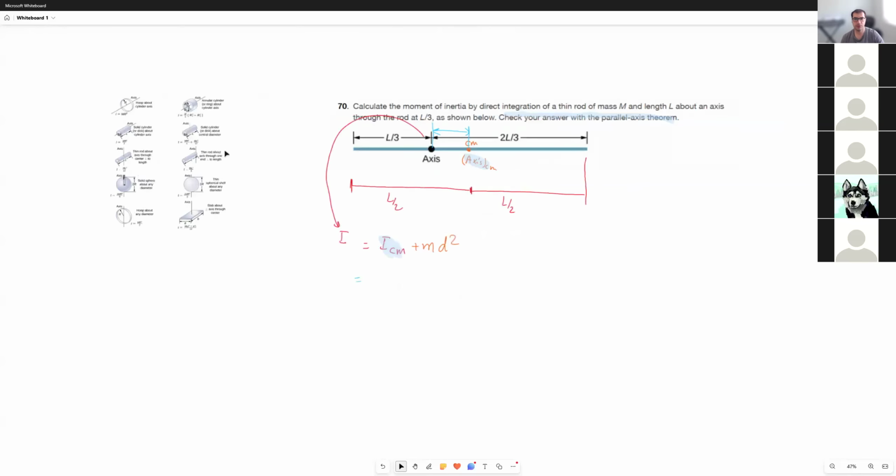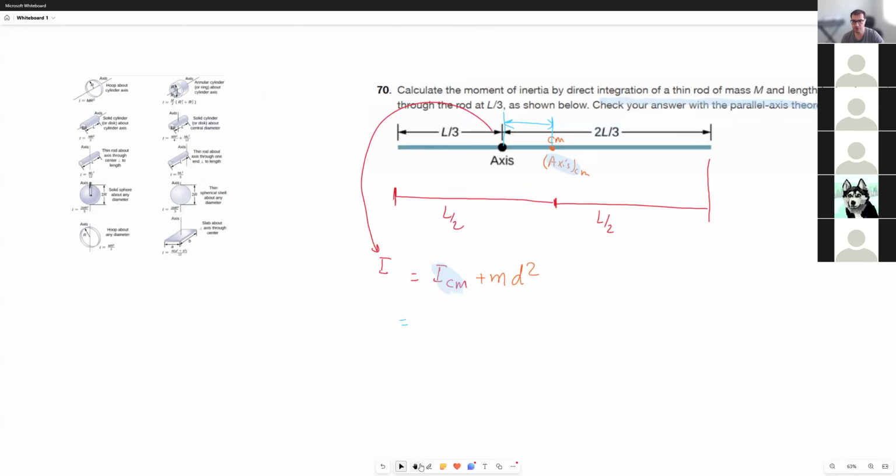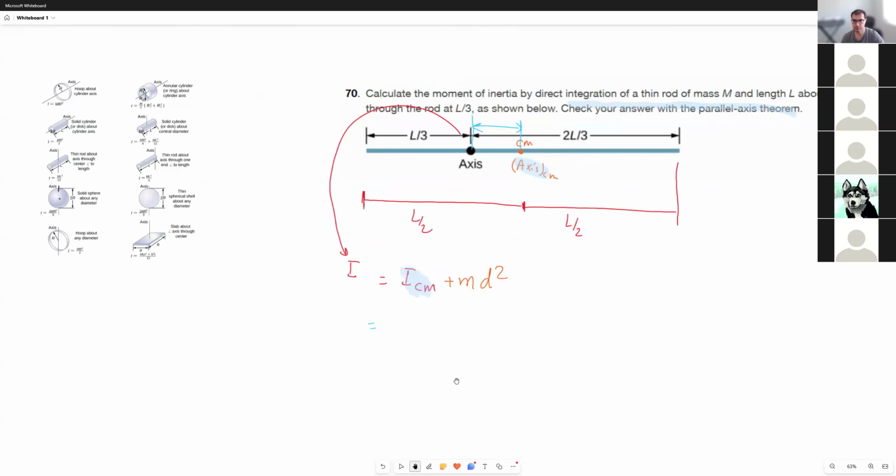A rod rotating about an axis that passes through the center of mass is going to be equal to what?